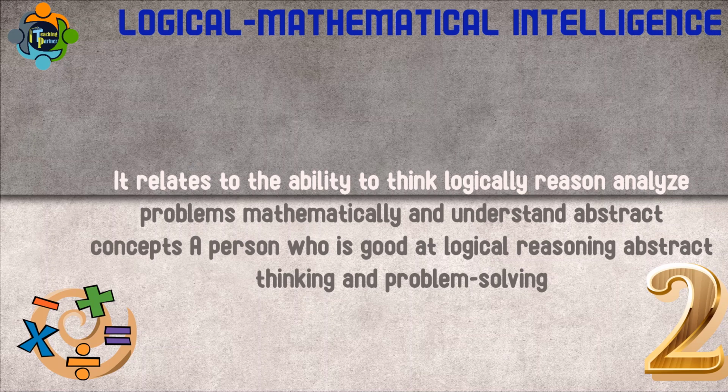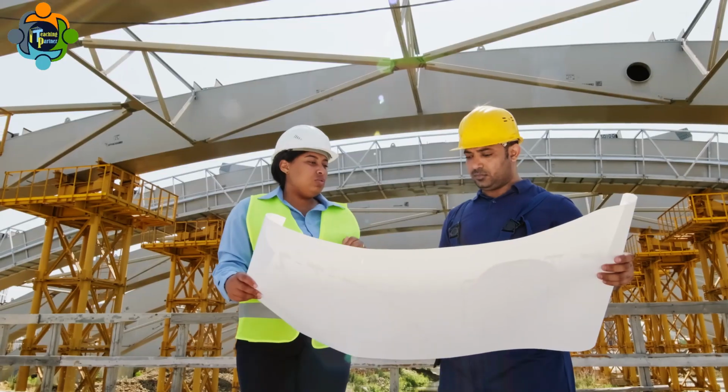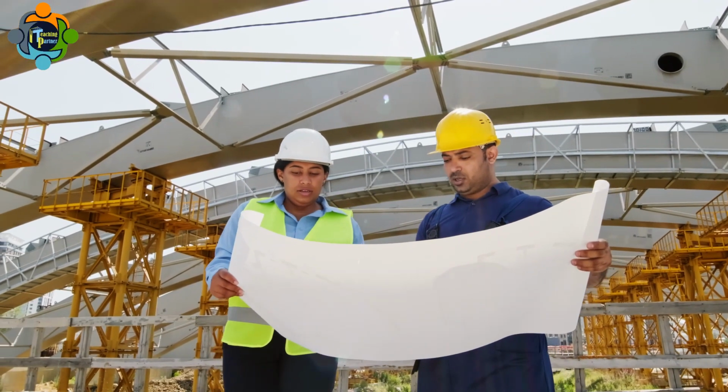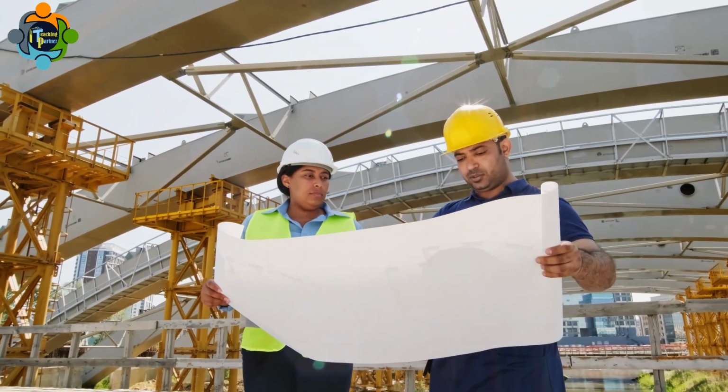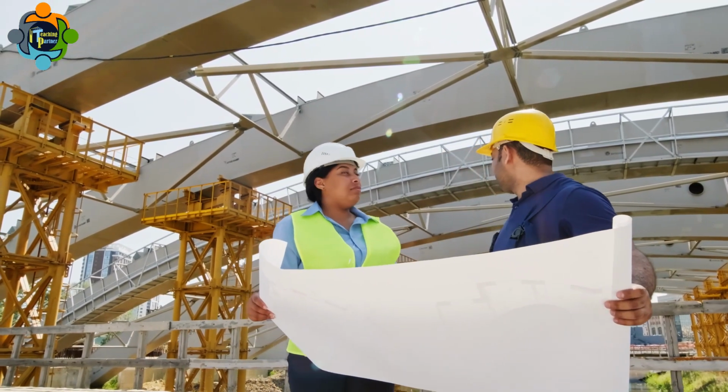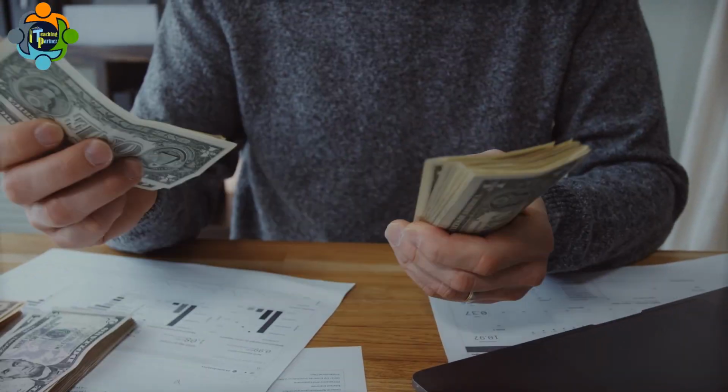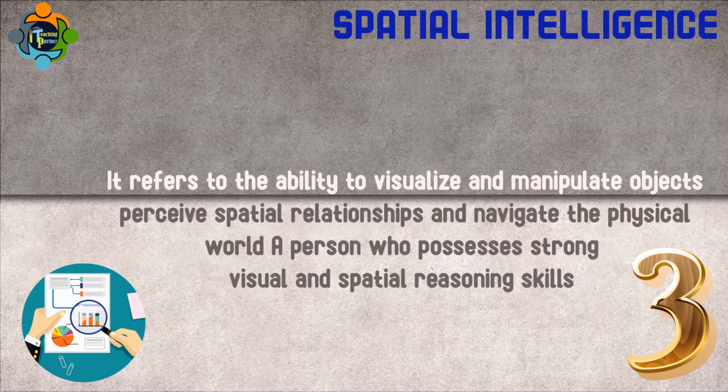Number 2. Logical mathematical intelligence. It relates to the ability to think logically, reason, analyze problems mathematically, and understand abstract concepts. A person who is good at logical reasoning, abstract thinking, and problem solving, they excel in mathematics and science and may pursue careers in engineering, programming, or finance. Number 3. Spatial intelligence.